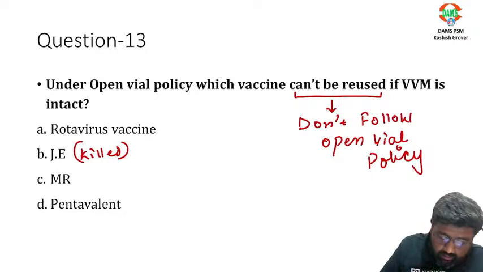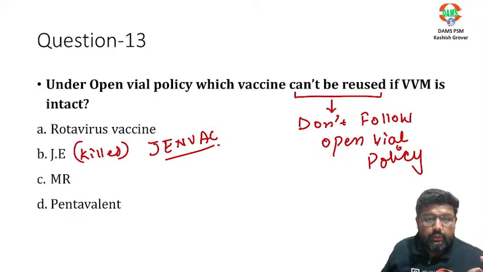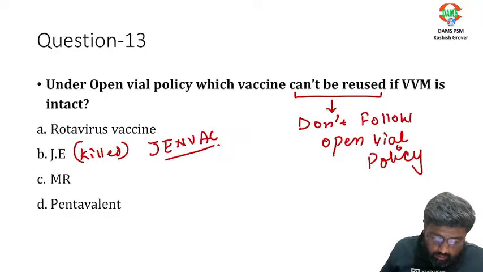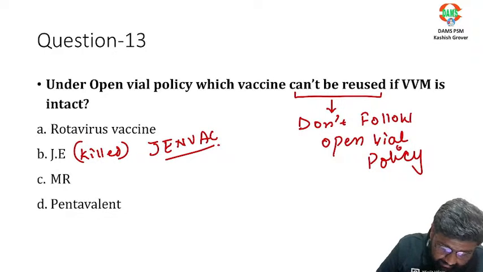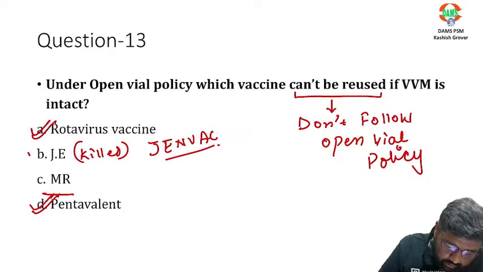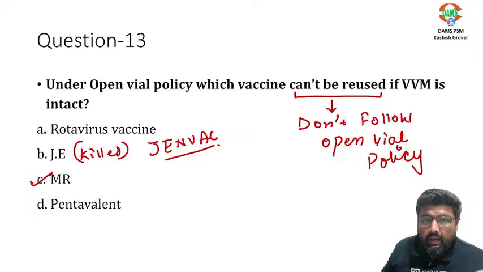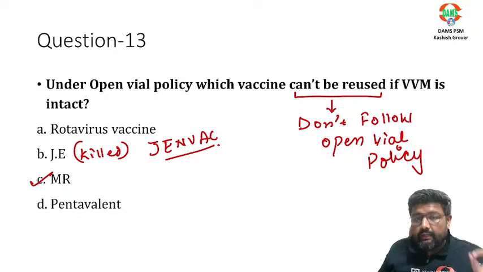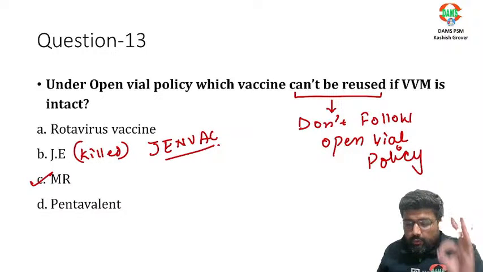JE killed, which is known as Genvac, is used. So among all, pentavalent can be used, rota can be used, JE can be used. So what should be the correct answer? MR. MR, we cannot use it after 4 hours of opening.